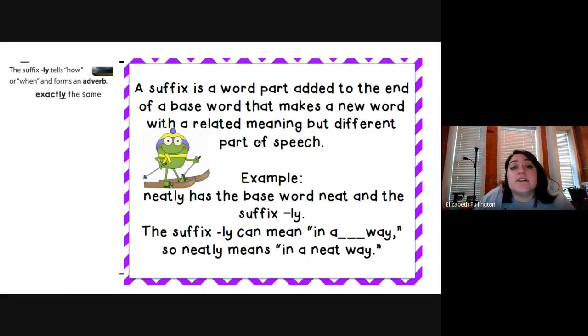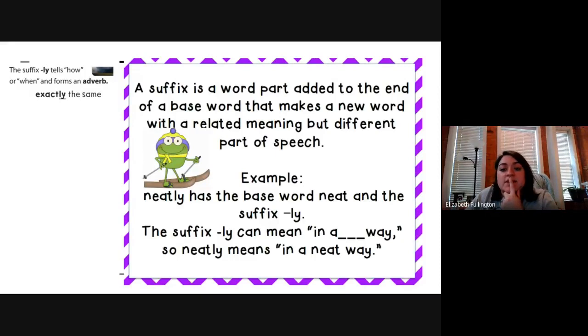So it says a suffix is a word part added to the end of a base word that makes a new word with a related meaning but a different part of speech. So here's an example. Neatly has the base word neat and the suffix ly. So if Mrs. Fullington neatly placed the book on her desk, what does neatly mean?